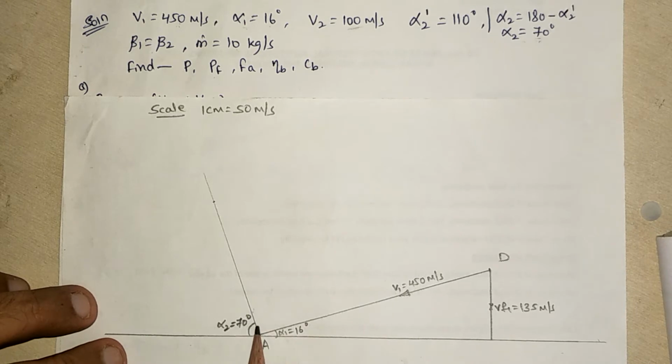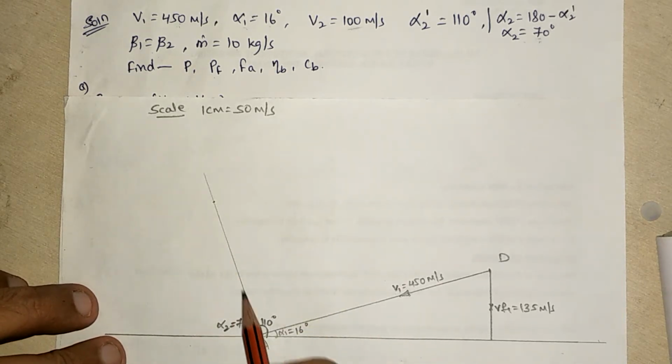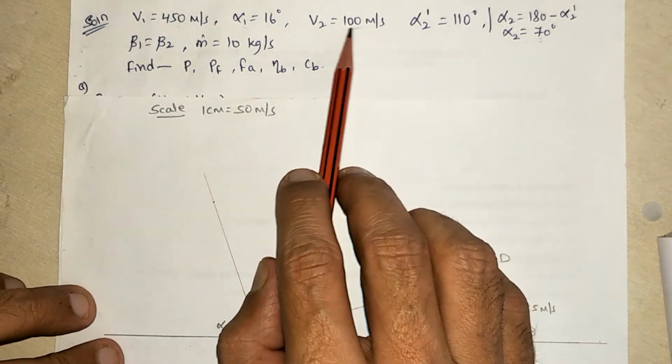In the problem this angle is given, this angle is 110 degrees, whereas this angle is alpha 2, 70 degrees. The line represented here is v2. The magnitude of v2 is 100 meters per second.